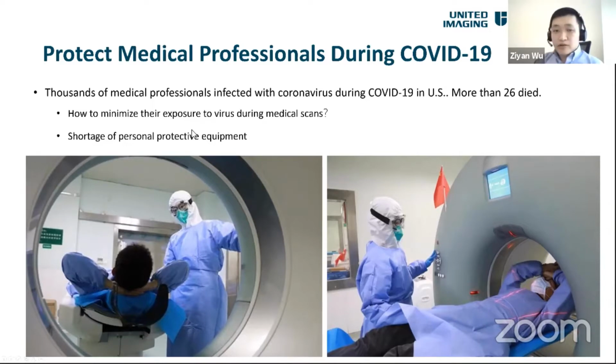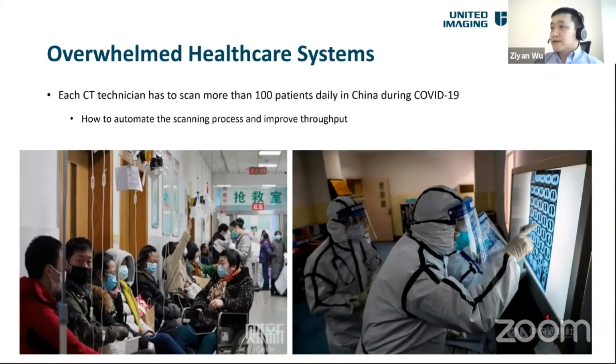Another problem we're facing is that the healthcare system is overwhelmed. Take China as an example. Each CT technician has to scan more than 100 patients daily. That's lots of scans. How we can automate the scanning process and improve the throughput becomes very critical during the pandemic.